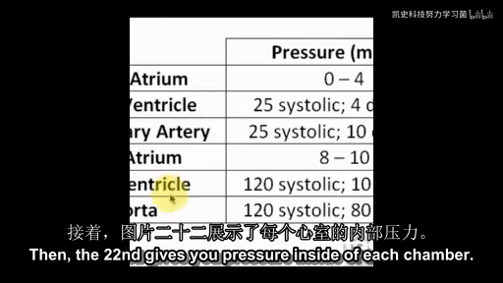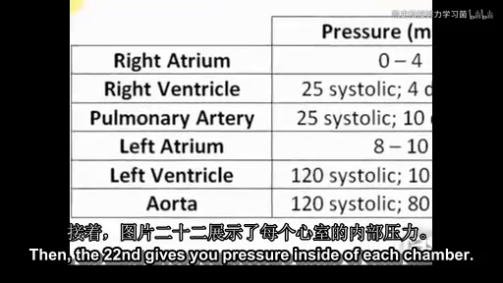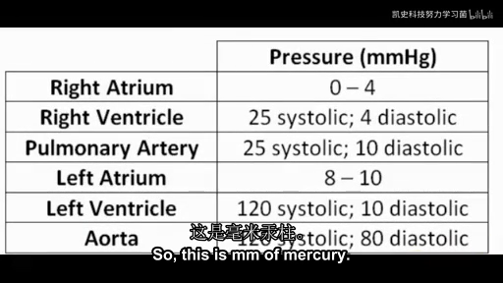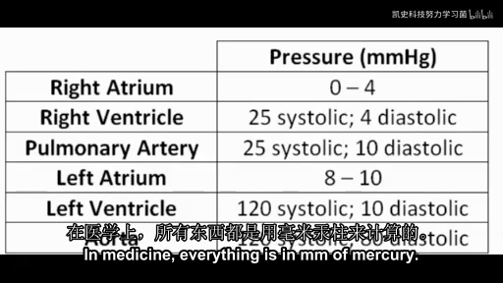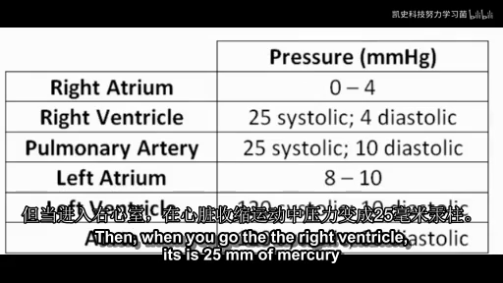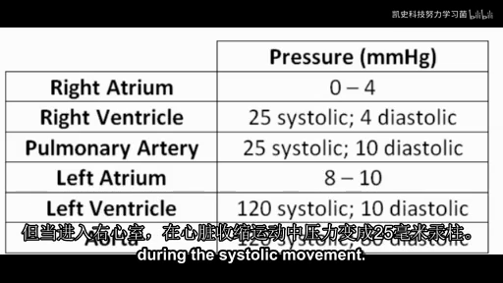Then picture 22 gives you the measurement of the pressure inside of each chamber. This is in millimeters of mercury. In medicine, everything is measured in millimeters of mercury. You see in the right atrium the pressure is from 0 to 4. Then in the right ventricle it is about 25 millimeters of mercury during the systolic movement.